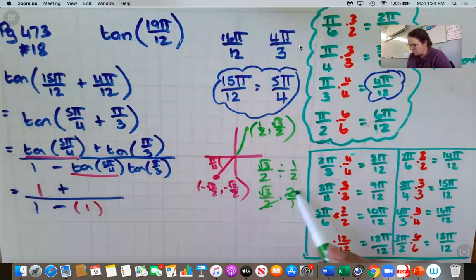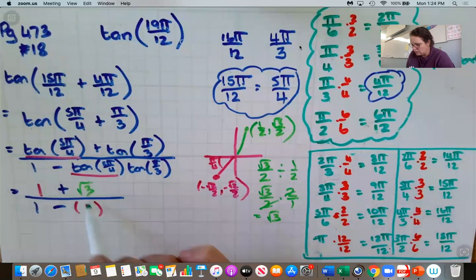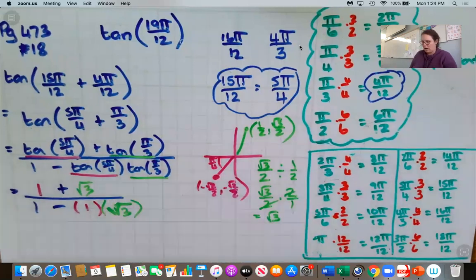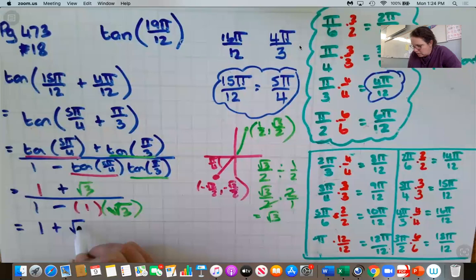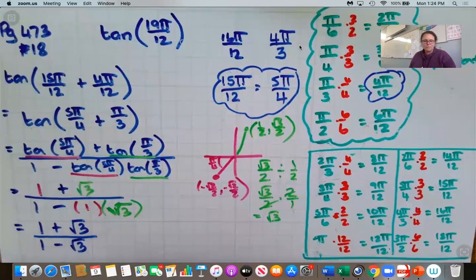It's going to end up giving me root 3. So this is root 3, and that is root 3. I'm just replacing the tangents of pi over 3 with root 3. And so I can simplify this to be 1 plus root 3 in the numerator, and in my denominator, I'm going to have 1 minus root 3.